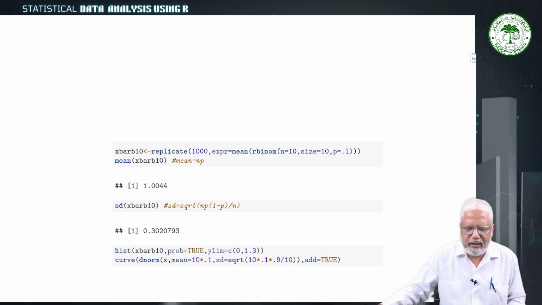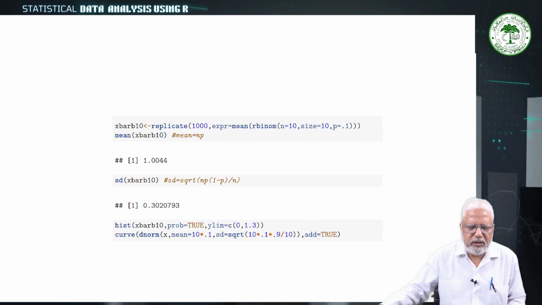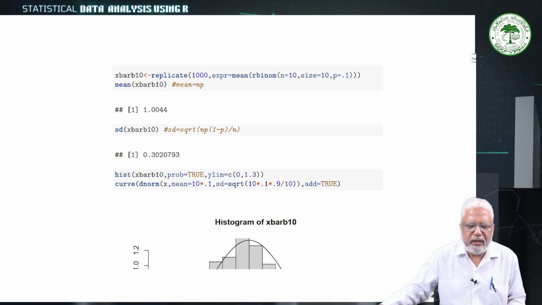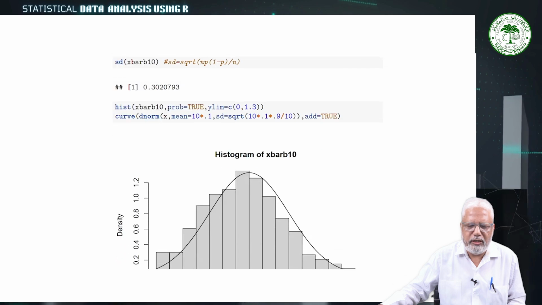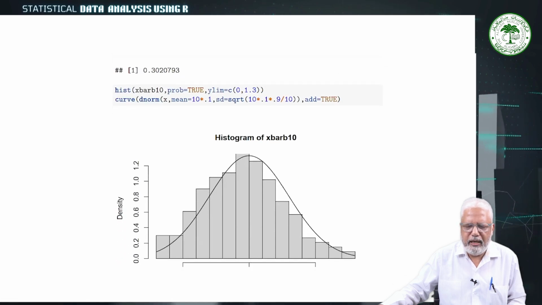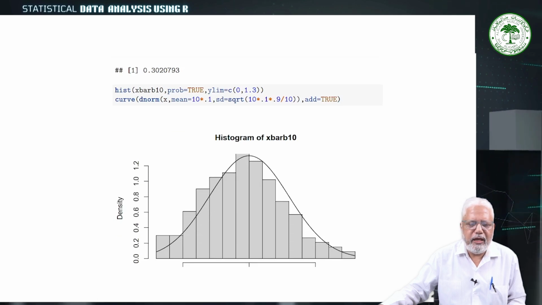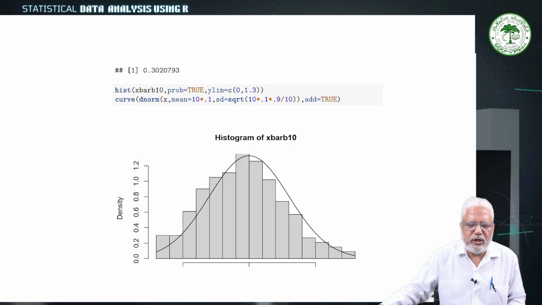Now see what happens about the histogram. hist(x bar), we are making the histogram on the basis of simulated data. So this is the histogram based on simulated data, and here we are adding a normal curve on this histogram.